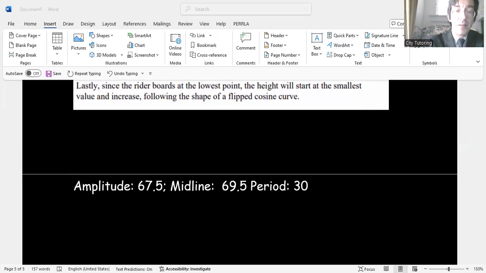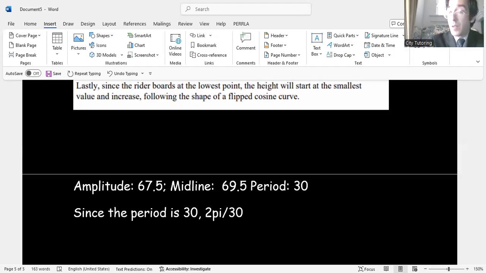And if that's the case, the shape is going to be negative cosine. And in order to get your period, since we said it was 30, it has to be 2 pi over 30. And of course, this can always be reduced to pi over 15. Okay.